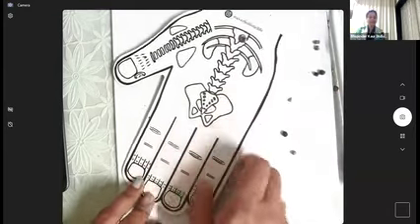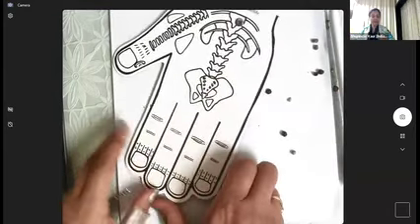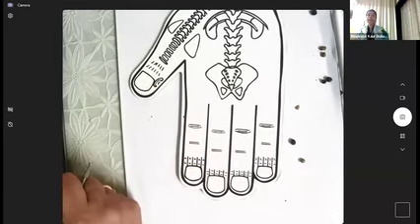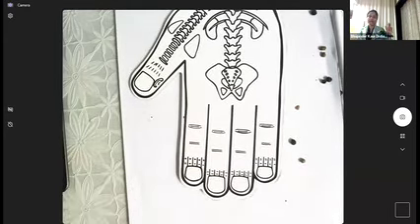Now, any disease, like I can see names of diseases in the chat box, the beauty of the correspondence system is that you don't focus on the name of the disease. This is simplicity. Very simple. Don't focus on the name of the disease. Just focus on where the disease is.